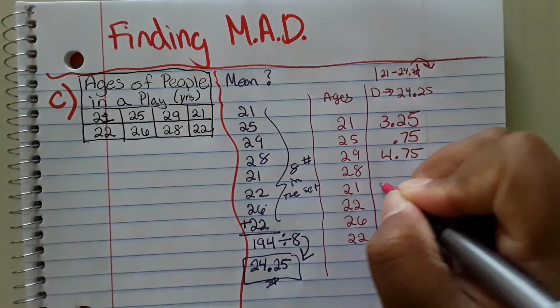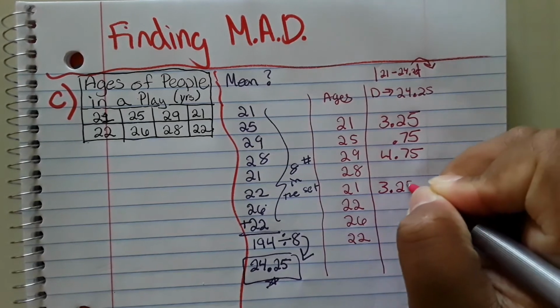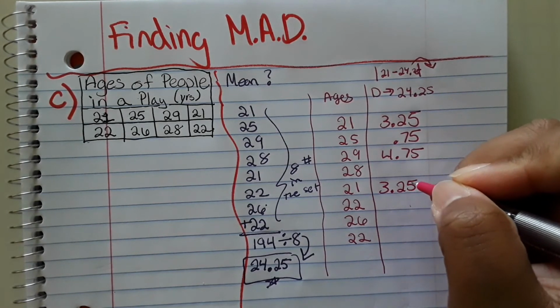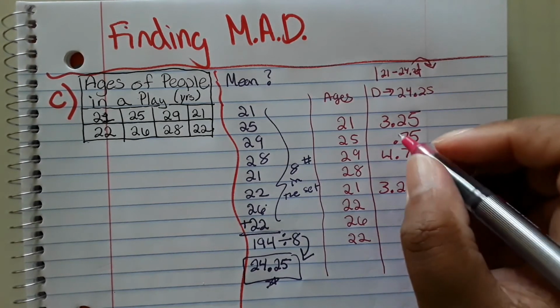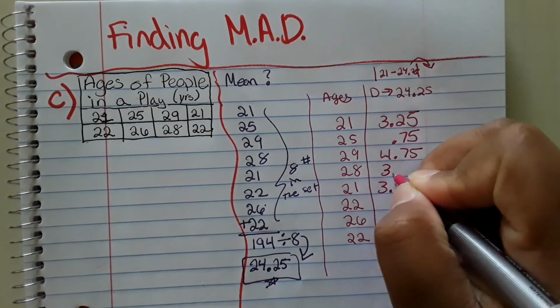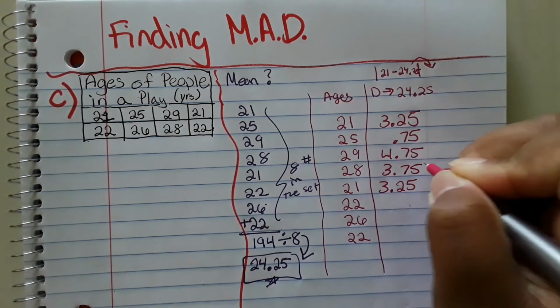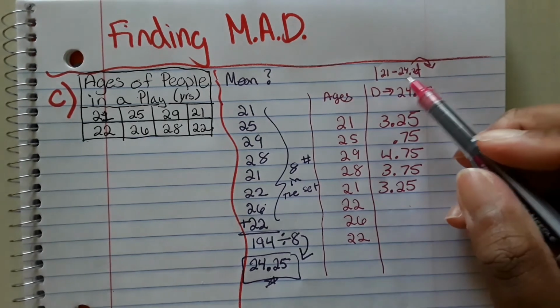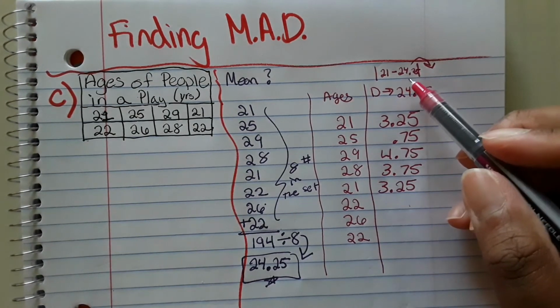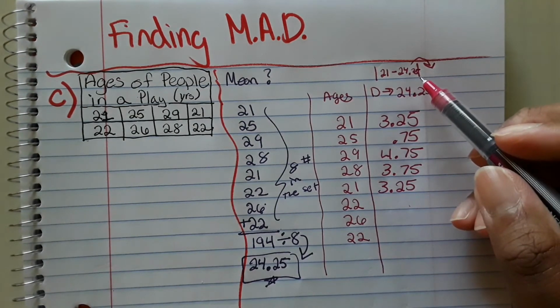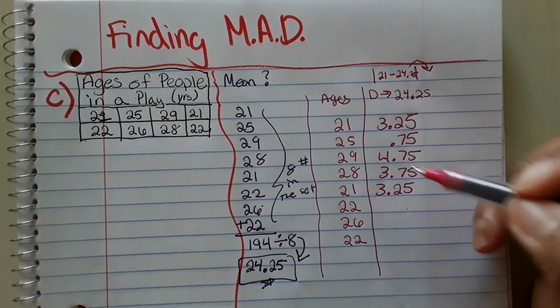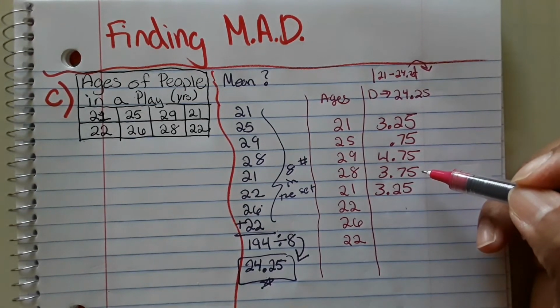Let me write that down here. 3 and 25 hundredths. Next we have 28, which would have been a difference of 3 and 75 hundredths. So you put in 28 minus 24 and 25 hundredths, and out would have popped your number.